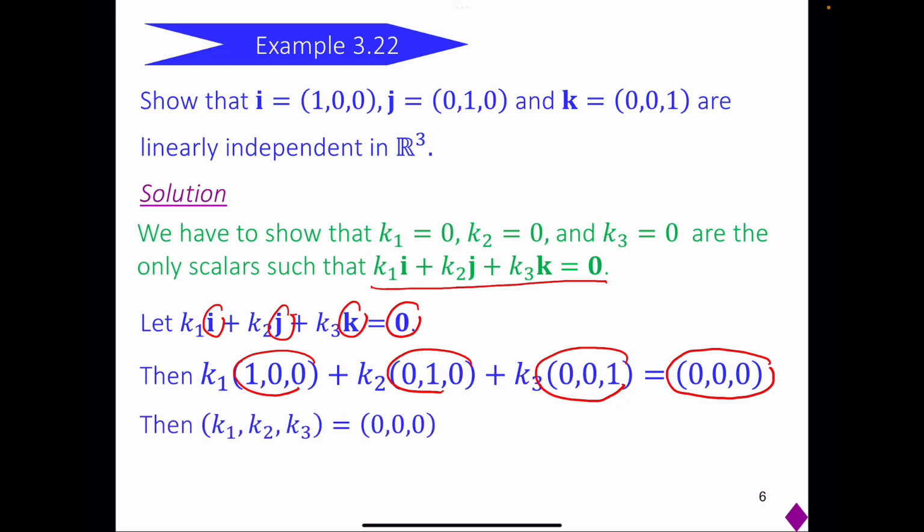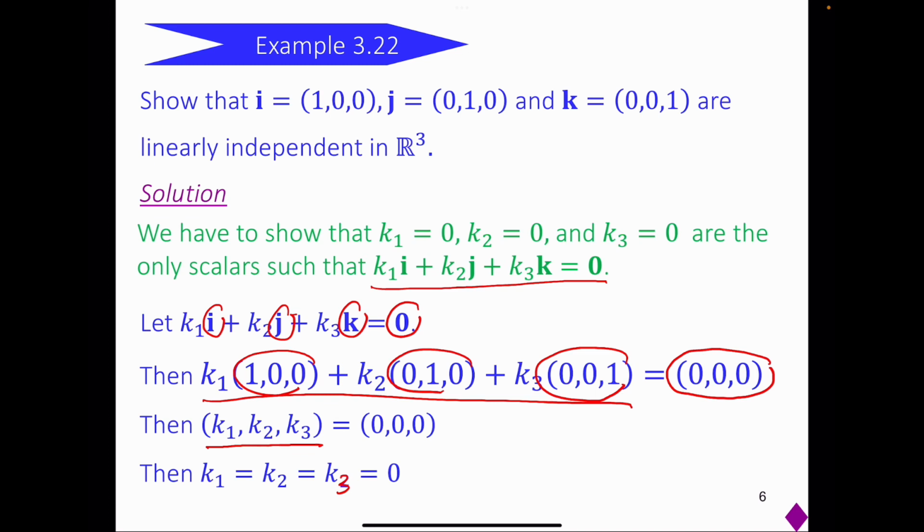Then on the left hand side we have this, which is equal to the zero vector 0, 0, 0, and then we compare component by component. We find that K1, K2, K3 are all zeros.